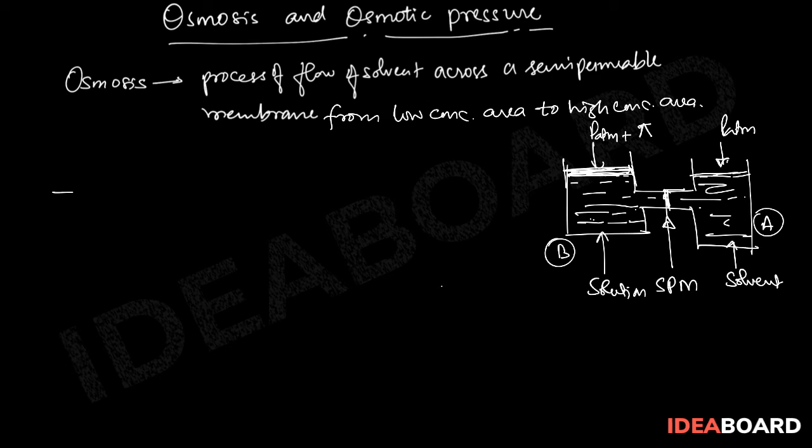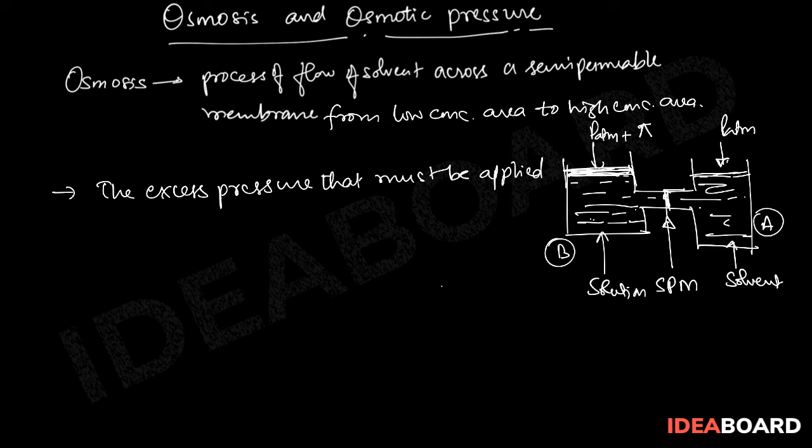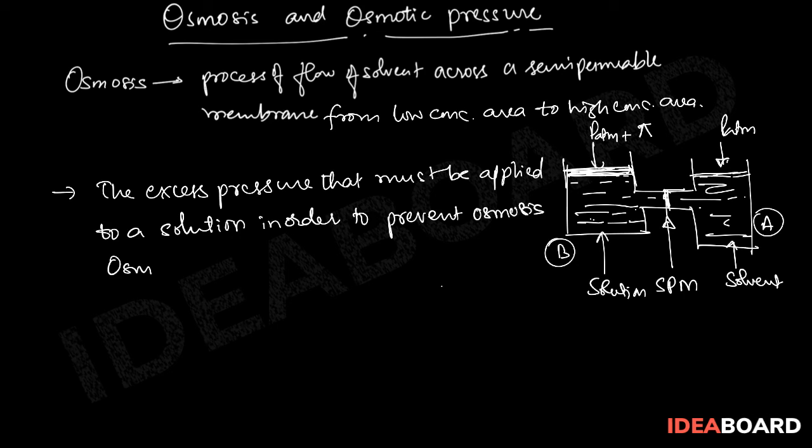So osmotic pressure of a solution is the excess pressure that must be applied to a solution in order to prevent osmosis. That is called osmotic pressure.